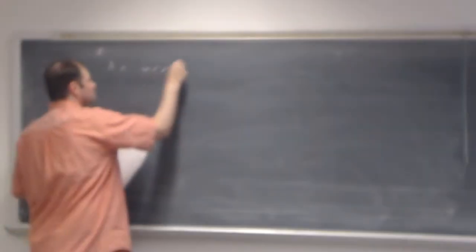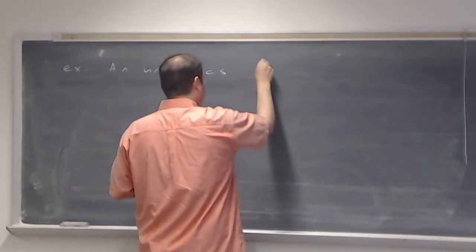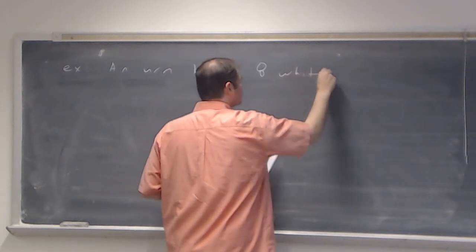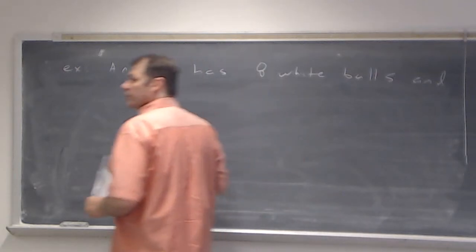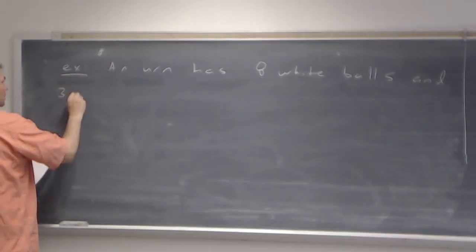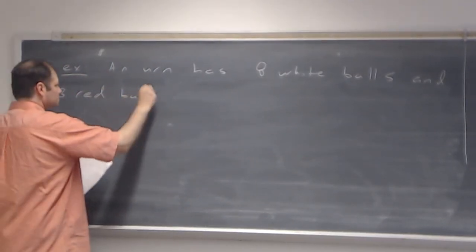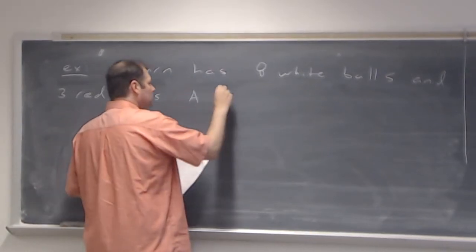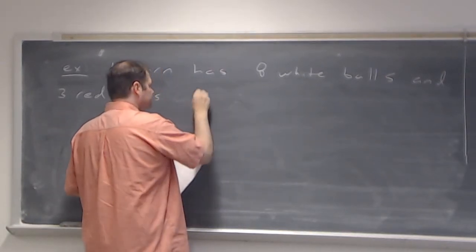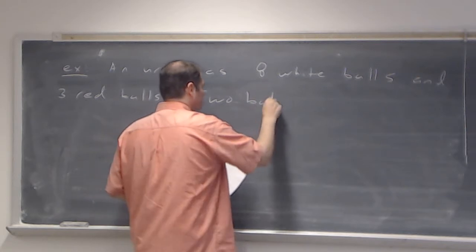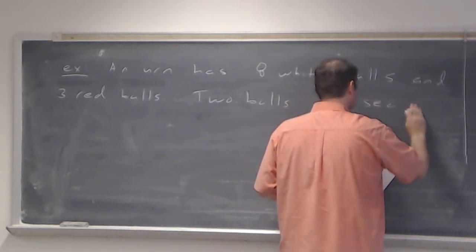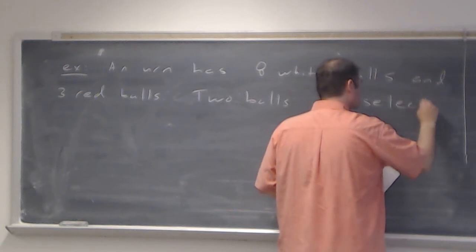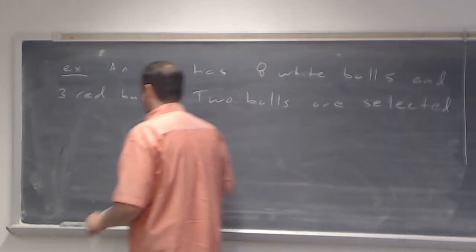So, example, an urn has 8 white balls and 3 red balls. Two balls are selected one after the other without replacement.